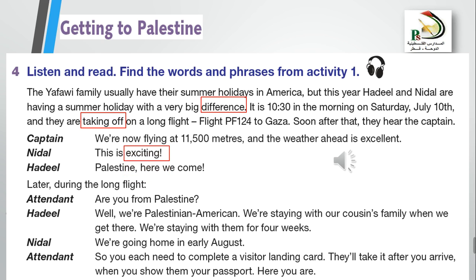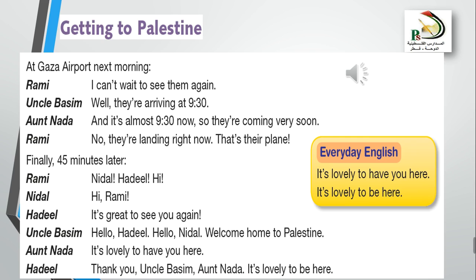Also we have exciting, what is the opposite of exciting, and what is the same meaning? We have early, what is the synonym of early, what is the opposite, and we have also arrive, what is the opposite of arrive, and what is the synonym of arrive, the same meaning.